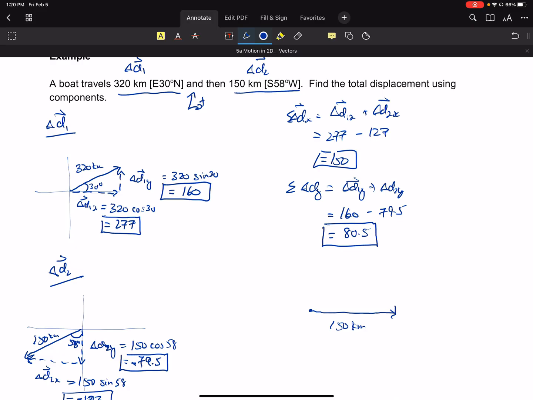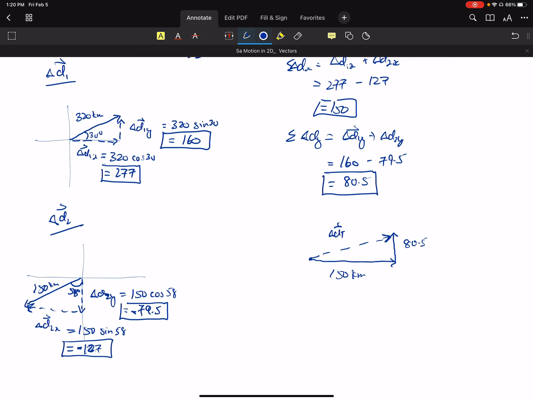So you're going to add them tip to tail. So it's about just over half the size. Okay, I like to try to draw my sketches to scale. Now this is going to be your final answer right there. This is your total. So now this is just Pythagorean theorem.